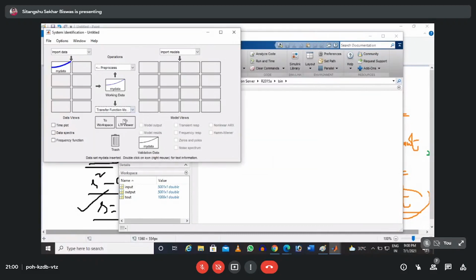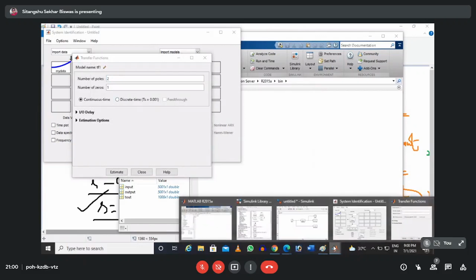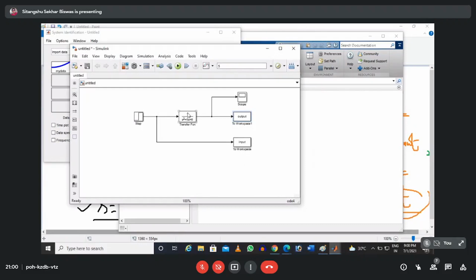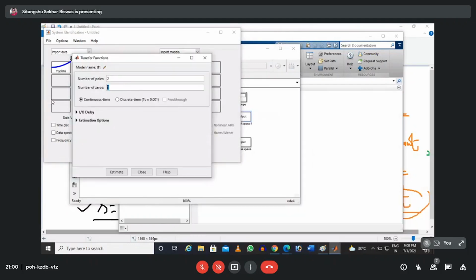Now I go to transfer function model, and here, as I told, for our vibration function there will be no zero, only 2 poles, meaning the roots of the denominator are 2. So the number of poles is 2 and the number of zeros is 0.